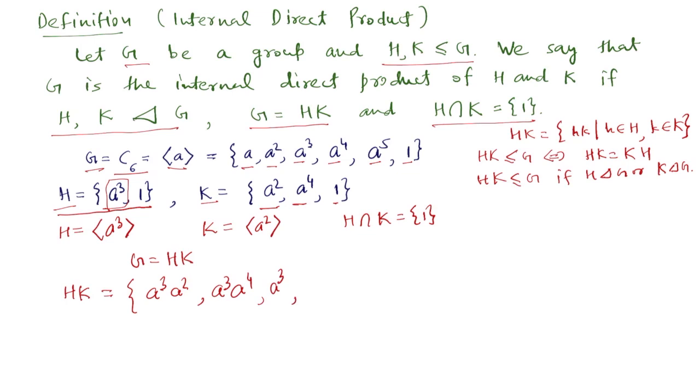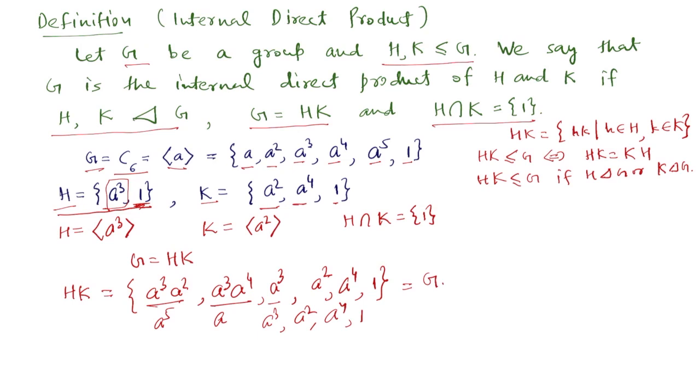Then we pick the other element 1 from H and multiply the elements of K with this one. Multiplying with 1 we get the same elements, so we get a square, a4, 1, and a cube times a square is a5, a cube times a4 is a7, which is a. So this is a cube, a square, a4 and 1. Notice that this becomes equal to G.